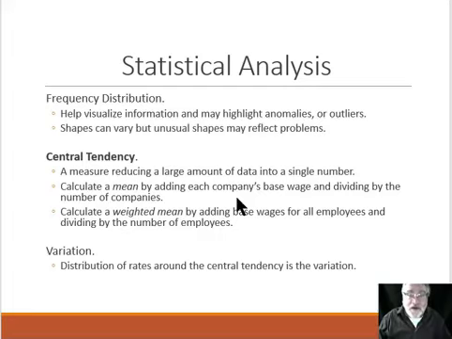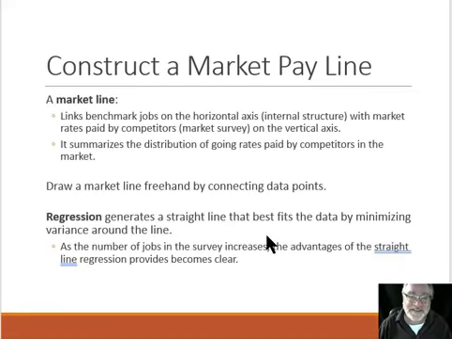Of course, we're often looking at the spread of salaries, and so there we're going to look at statistics like the standard deviation that tell us a spread. Now, ultimately, the most important type of statistical analysis is more of a regression or a correlational analysis where we're creating that market line.